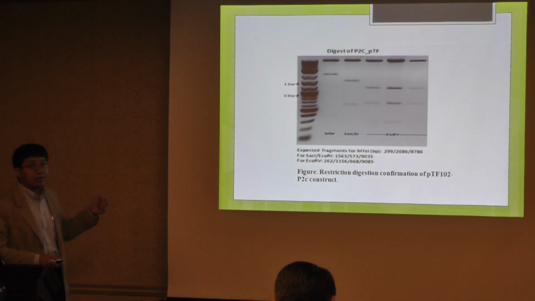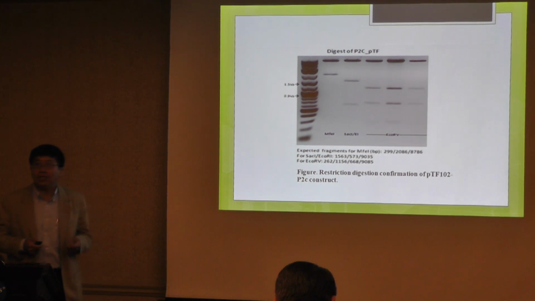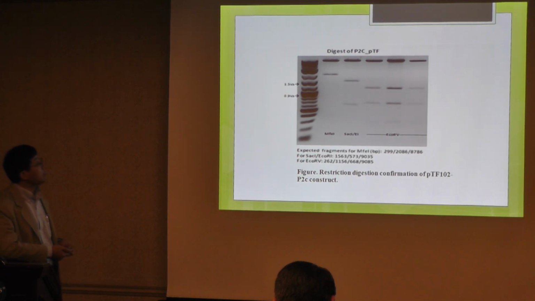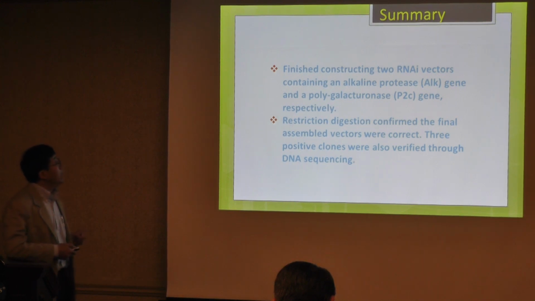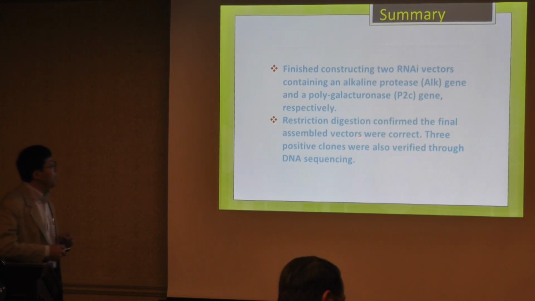We used a similar strategy to also construct the pectinase gene into this RNAi vector. So I'll just summarize that we selected 2 genes that target restricting the fungal growth, and we constructed those vectors, and we did restriction digestion to confirm those are correct.